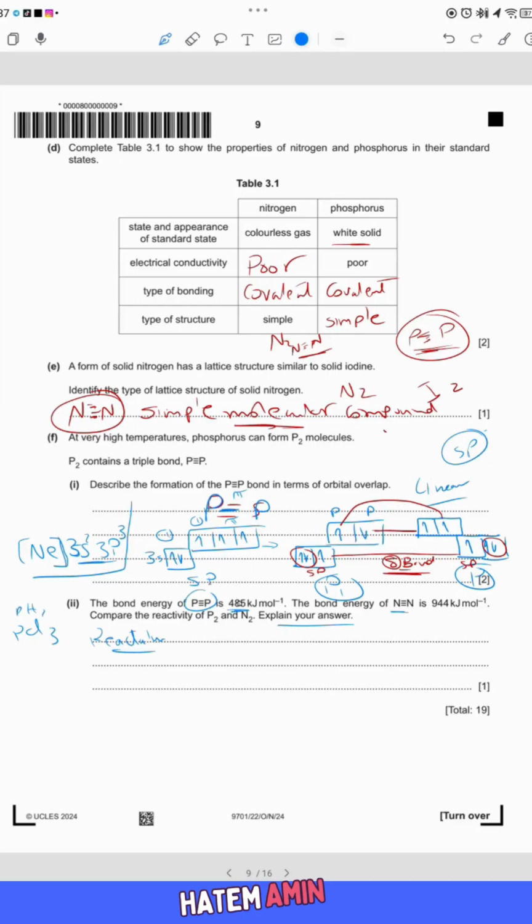So here, phosphorus is 485, which is less than 944, which means P≡P, or P2, is more reactive than nitrogen. Why?